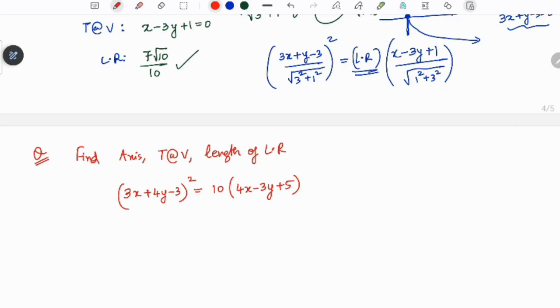What is the length of the latus rectum? What is the axis? What is the tangent at vertex? The axis is 3x + 4y - 3 = 0, which is what we are squaring. The tangent at vertex is 4x - 3y + 5 = 0, which is what we are not squaring. What is the latus rectum length?